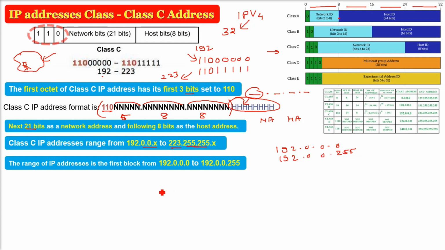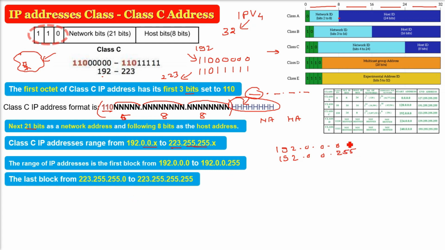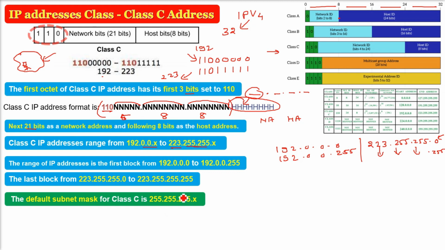And what will be the last block? Same thing, you have 223. You only have to worry about the first 3 octets, so 223.255.255.0, and you can only change the host. So 223.255.255.255 will be the last block, the highest number.